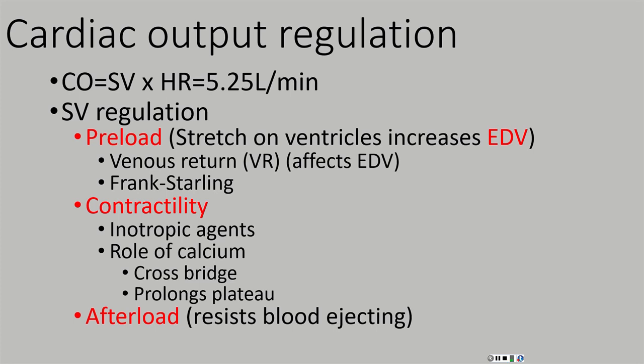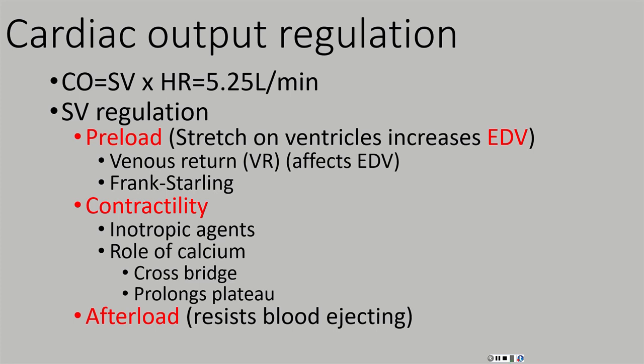So if you look back now to your blood pressure chart, underneath stroke volume, it says number 1, preload, number 2, contractility, and number 3, afterload. Those are the 3 ways to regulate stroke volume.